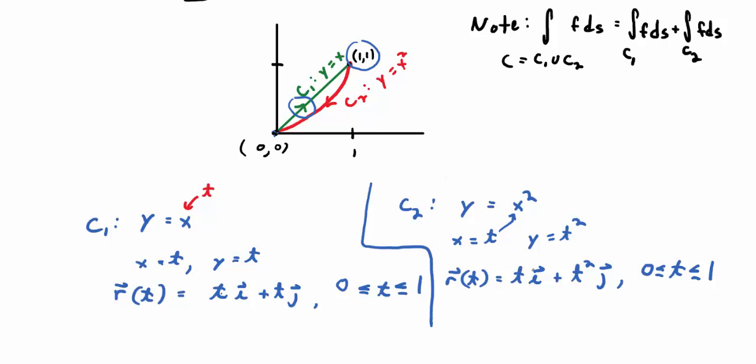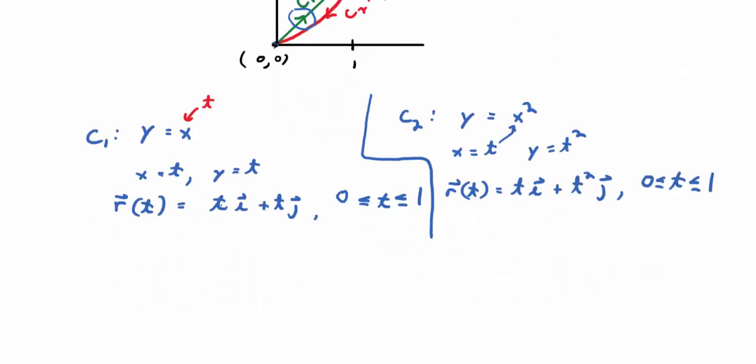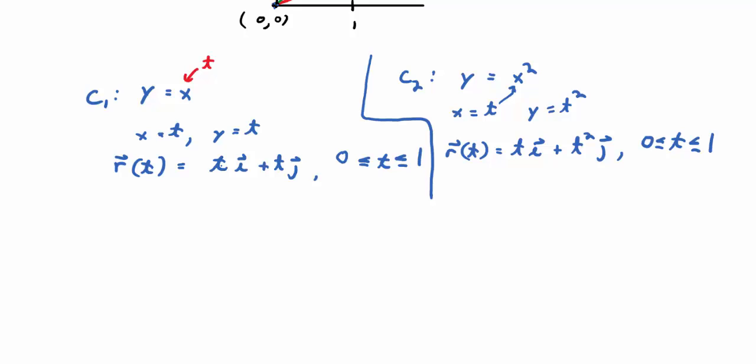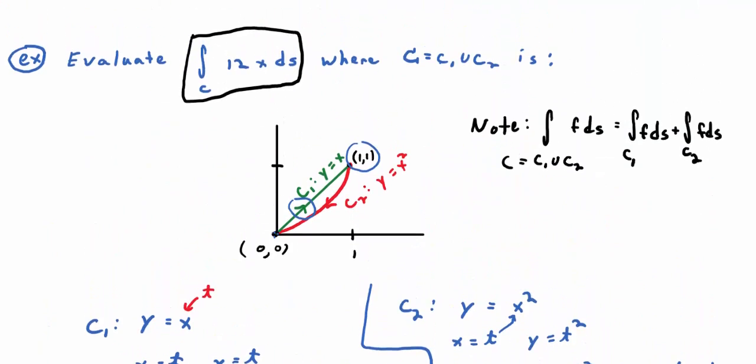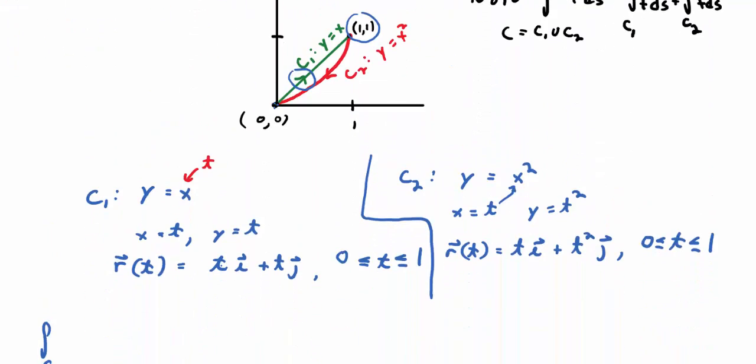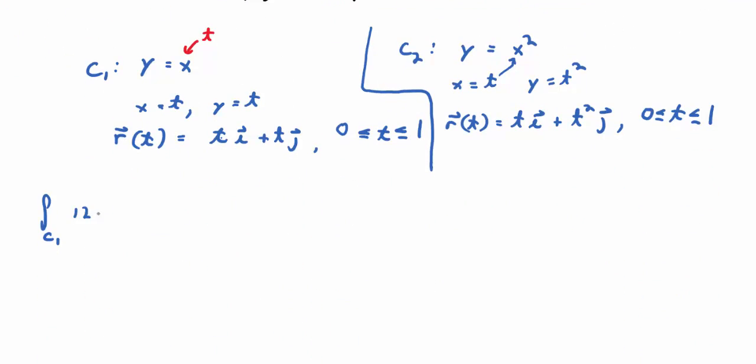Yeah, 1, and then 1 squared is 1. Okay, so we're just going to individually compute the integral over C1 and the integral over C2, add together, and we get our answer. So the integral over C1, remember the integrand is 12x. 12x ds is going to be, okay, we need to think about this. What is ds equal to?